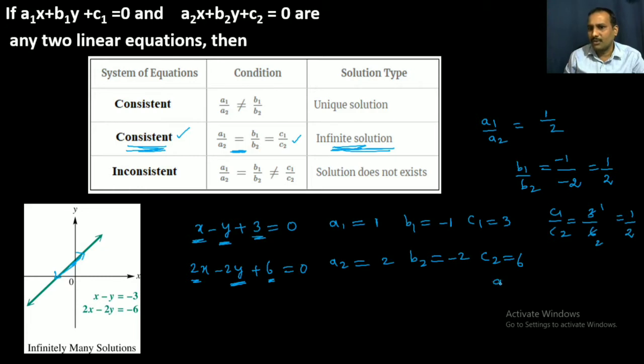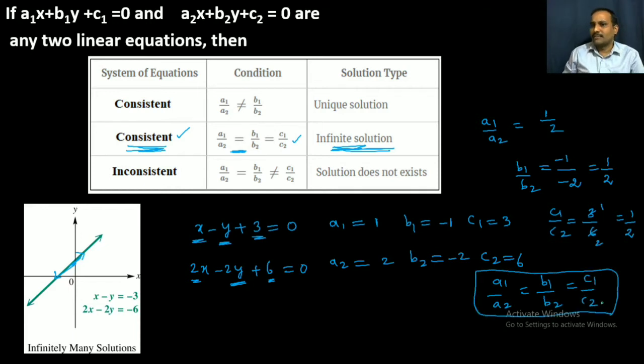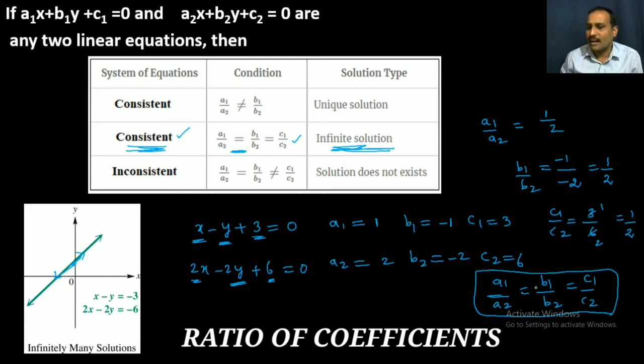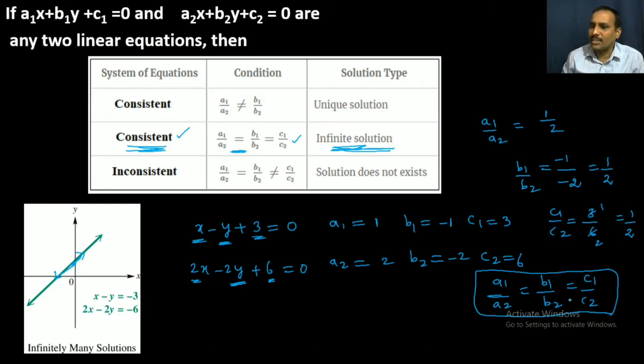If you observe all the values, a1 by a2, b1 by b2 and c1 by c2, the ratios are proportional, or you can say a1 by a2 is equal to b1 by b2 is equal to c1 by c2. This condition is also satisfied. So when this condition is satisfied, we can say that the given system is consistent with an infinite number of solutions.